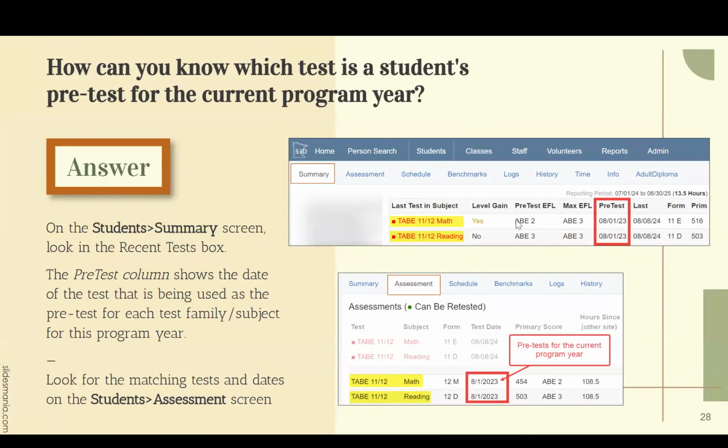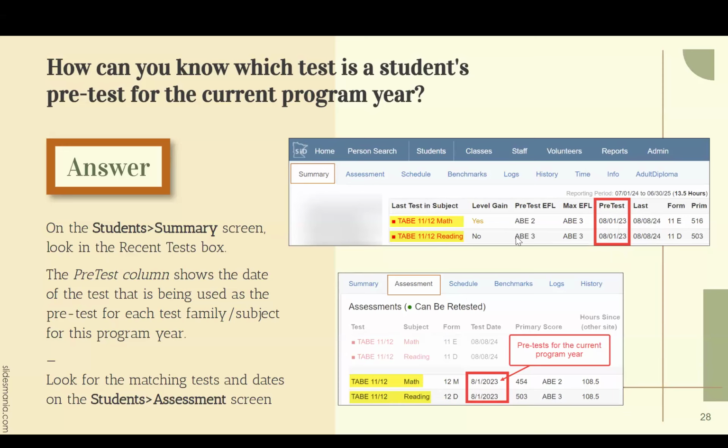For each one of those, it shows you which date they took what is considered their pretest, and which last test date is their most recent. But then, as you know, SiD is going to look for their most recent test prior to the beginning of the current program year to consider it as their pretest. So this column helps you figure out which date was the pretest date.